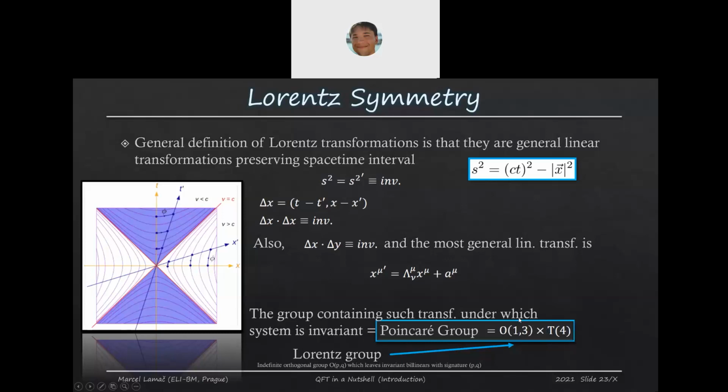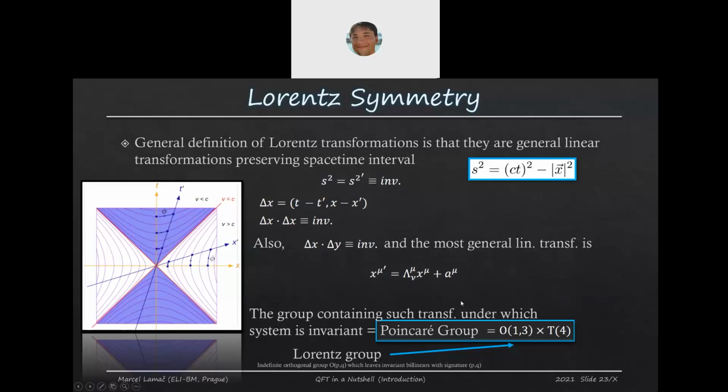The O(1,3) notation simply stands for the indefinite orthogonal group O(p,q), which leaves invariant bilinears with signature (p,q). What does it mean? Bilinears are simply our old and well-known space-time intervals, and the signature of the bilinears is simply the (p,q). In our case, it is (1,3), since when we do the square, the sign of the zeroth component is plus, and the sign of the other components is minus, right?